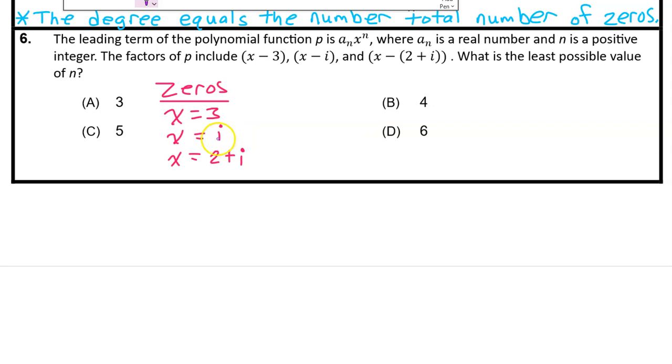If positive i is a 0, then negative i is also going to be a 0. Similarly, with the 2 plus i, if 2 plus i is a 0, then 2 minus i is also a 0. So we are guaranteed to have at least 5 zeros based on the 3 that they gave us. So the least possible degree is 5.